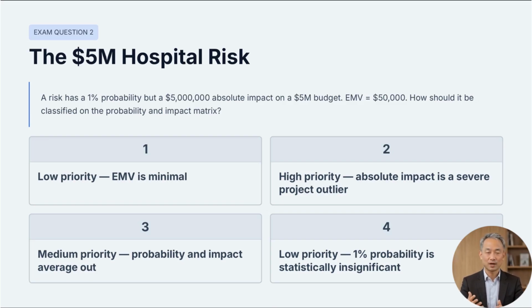A. Low priority because the expected monetary value is minimal. B. High priority because the absolute impact represents a severe project outlier. C. Medium priority because the probability and impact averages balance out. D. Low priority because a 1% probability is statistically insignificant.